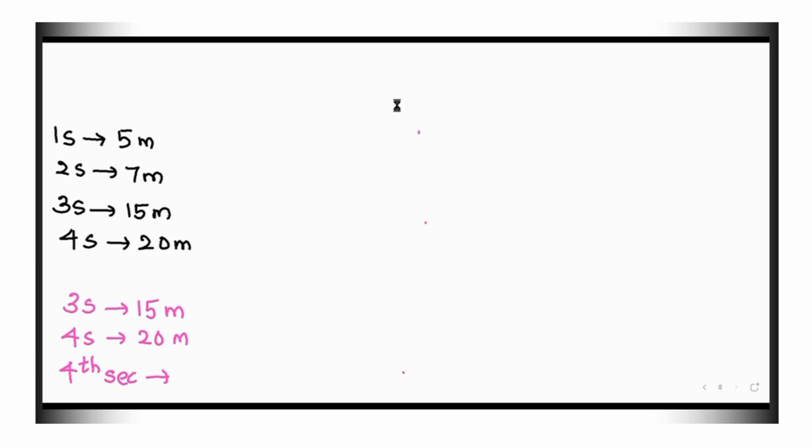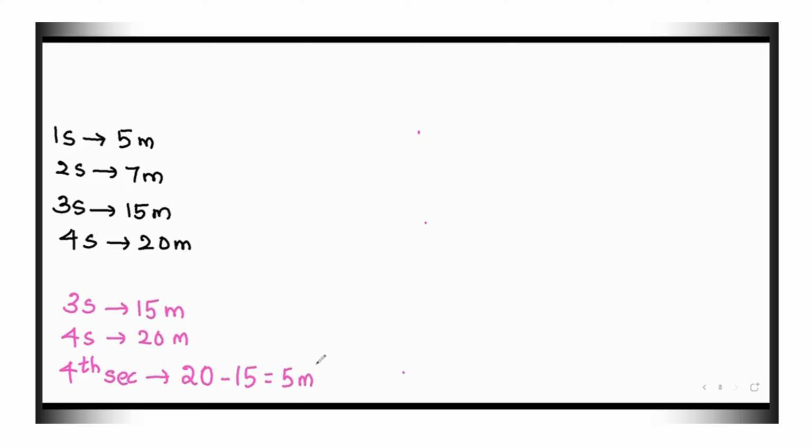How much will we get that as? The distance will be 20 minus 15, which is 5 meters.